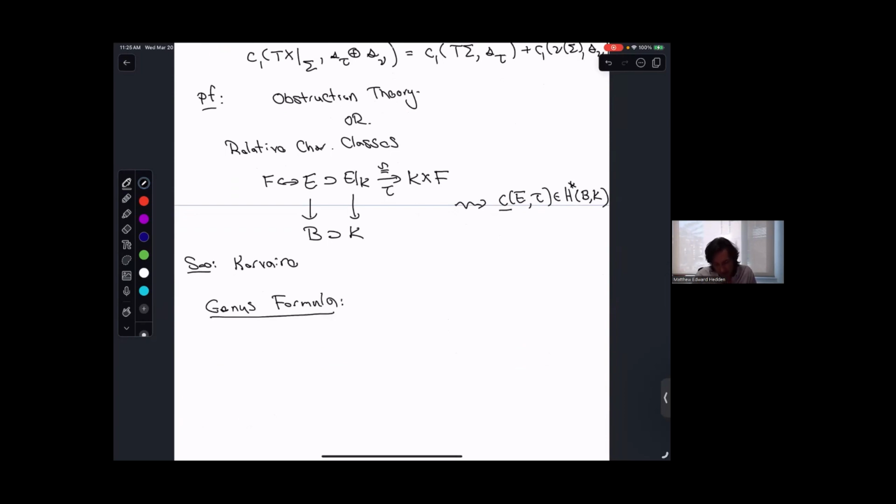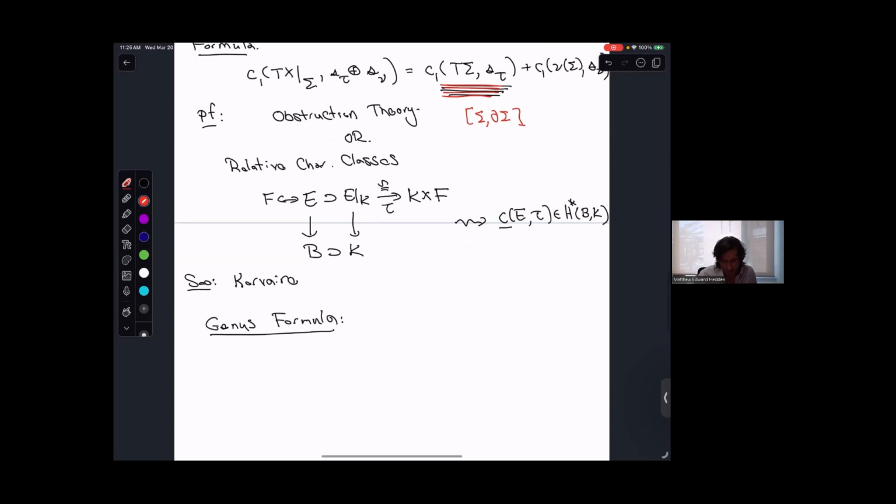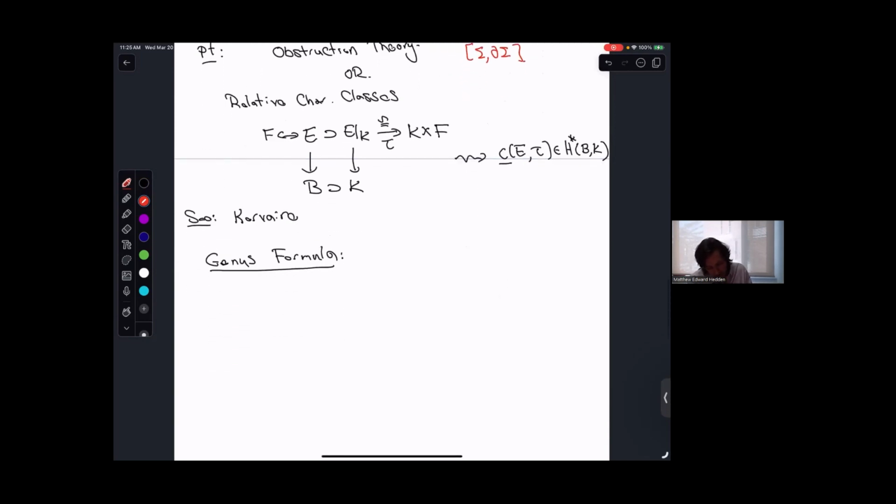Here we have the relative Chern class of the tangent bundle relative to a section, relative to the tangents to the surface. That will give us the Euler characteristic, if we evaluate it on the relative cohomology class of the surface. But the other terms are a little bit harder to understand.